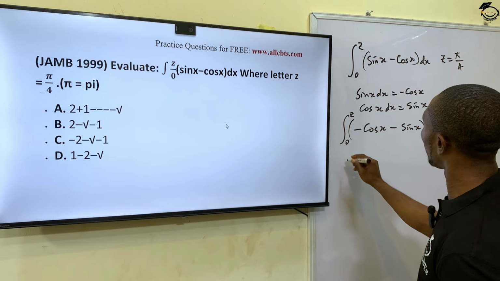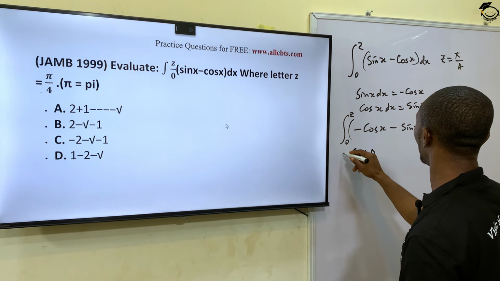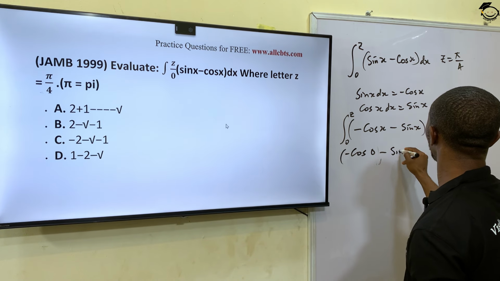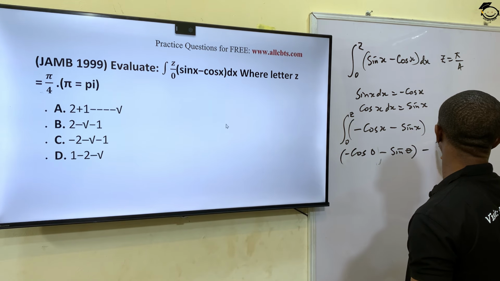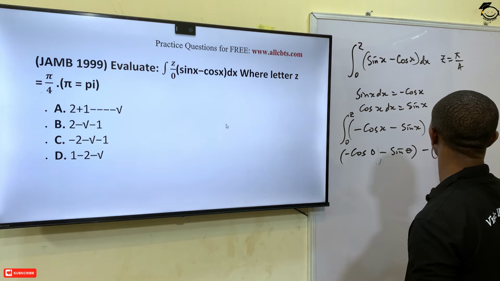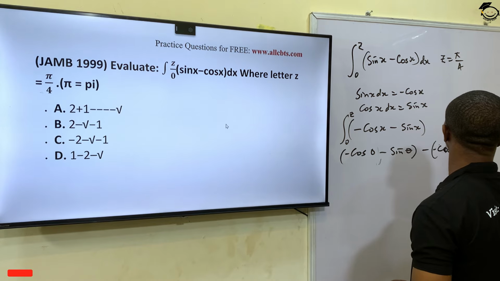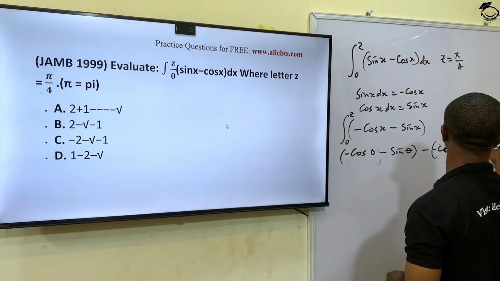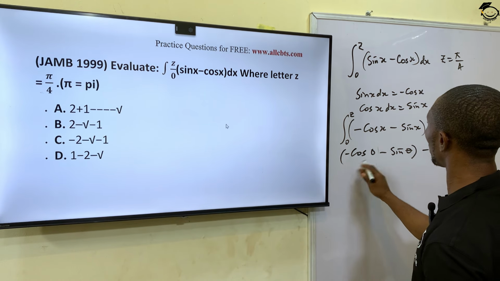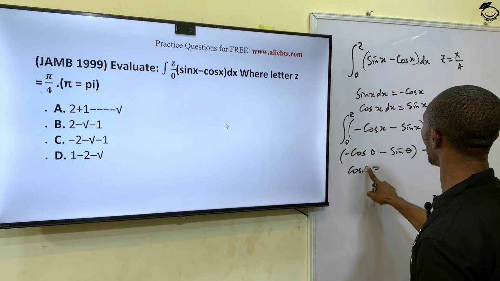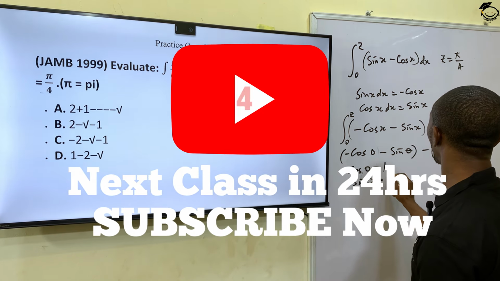So now this will become cos 0 minus cos z minus sine 0, minus sine z. And we know that cos 0 equals 1 and sine 0 equals 0.